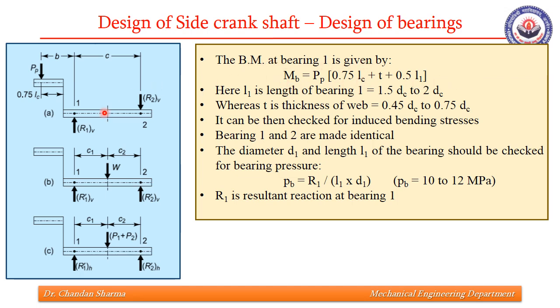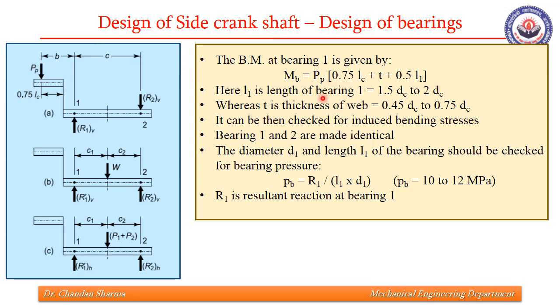Assuming that this point is in the middle of bearing 1, the bending moment will be PP into 0.75 LC, which is this distance, plus T, the thickness of the crank web, which is shown by this line, plus 0.5 of L1. L1 is the length of bearing 1. Since this point is at the center of the bearing, the distance from the center of the bearing to load PP is given by this equation.